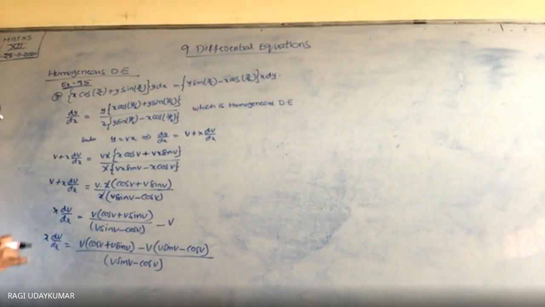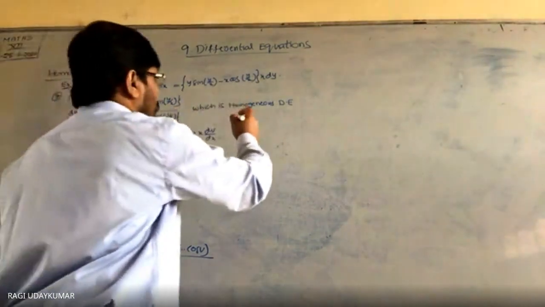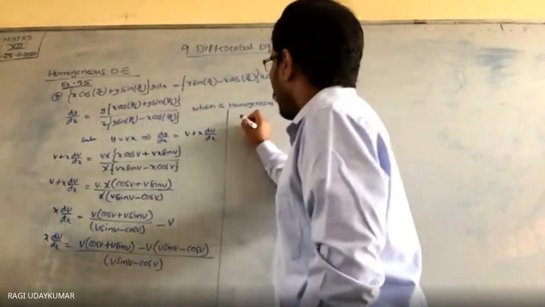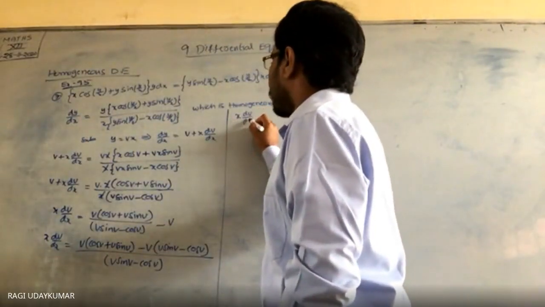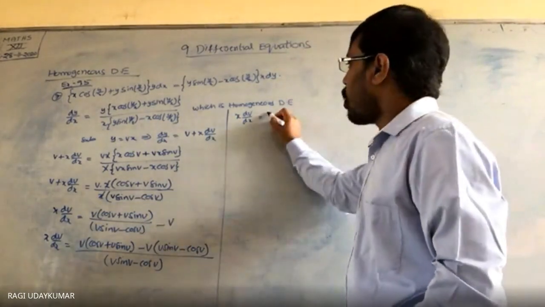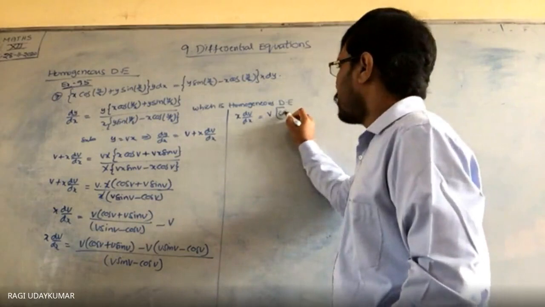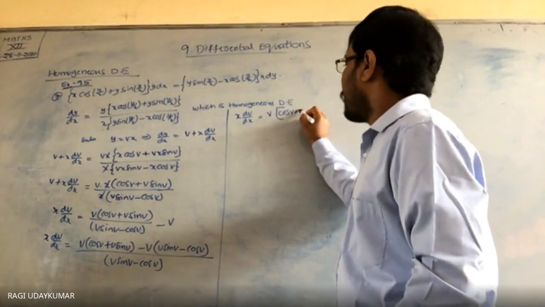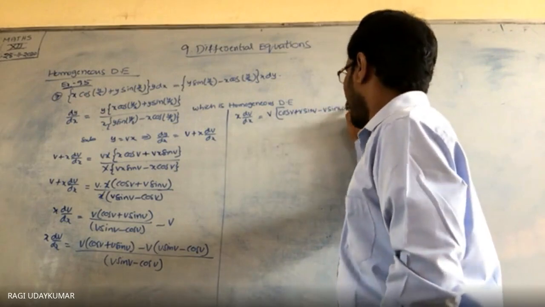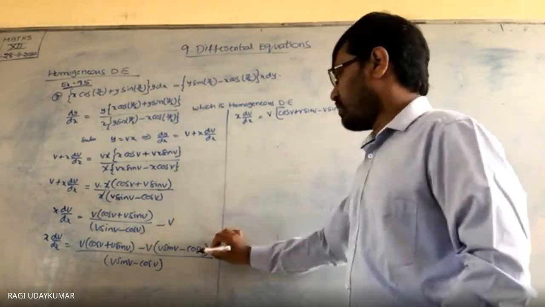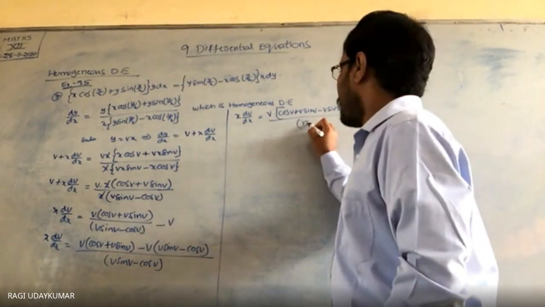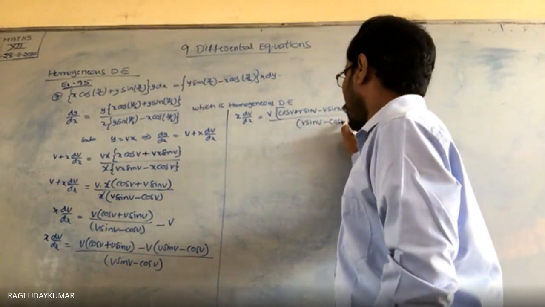By taking v common, what do you get? So x dv by dx is equal to, v common I am taking here. So what do you get here? cos v plus v sin v minus v sin v plus cos v, divided by v sin v minus cos v.